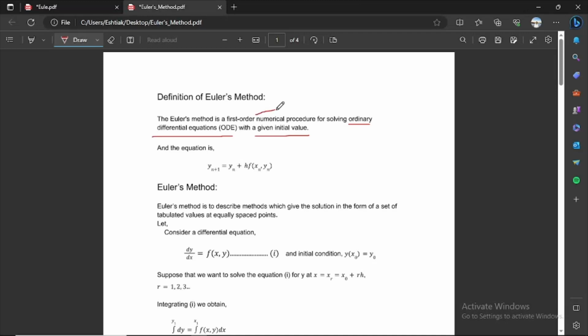That means in this numerical procedure, we will find many values of the function y. We will find out the successive values of the function.